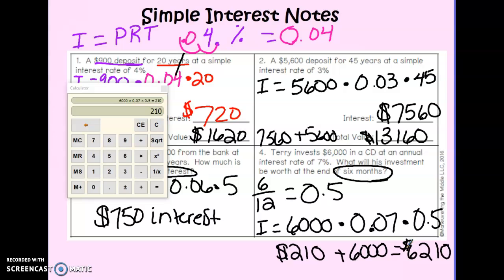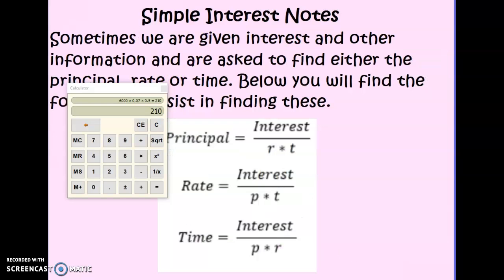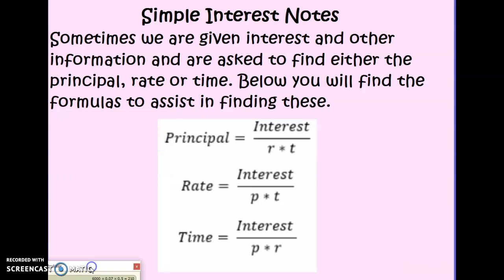Okay, so these are all where we are looking for interest. Now, sometimes when we are working with simple interest problems, we're given interest and other information, and we're being asked to find either principal, rate, or time. So we have to be careful with what our problem is asking us and what we're given. I've given you 3 additional formulas to help you when you're finding these.